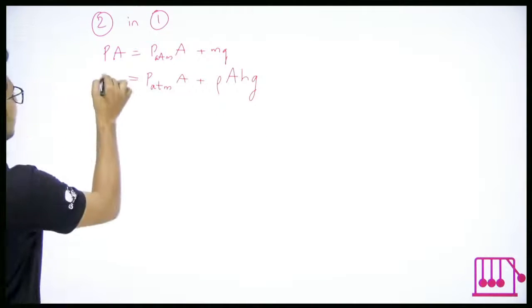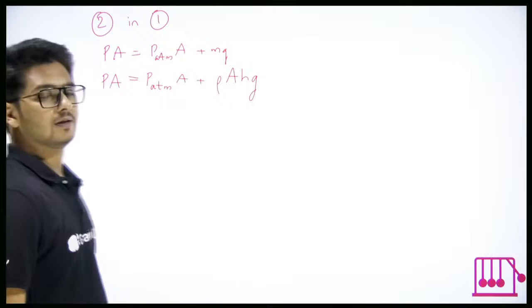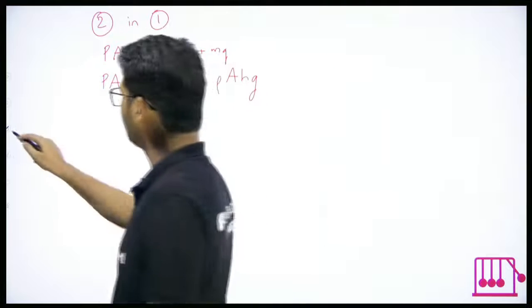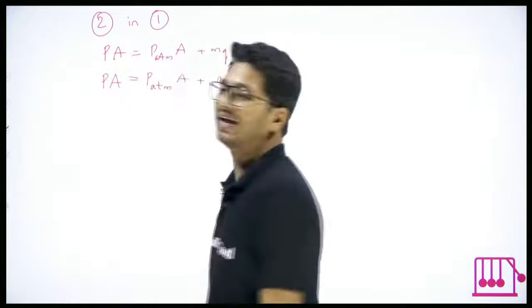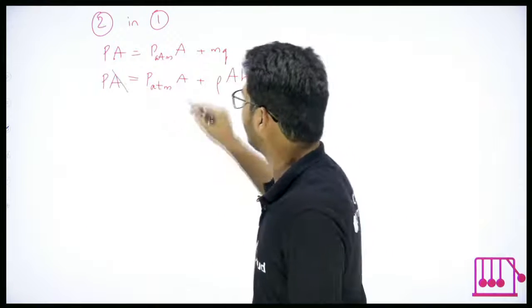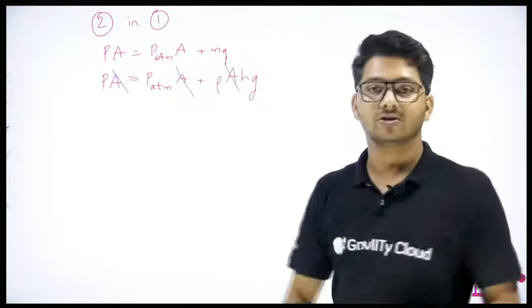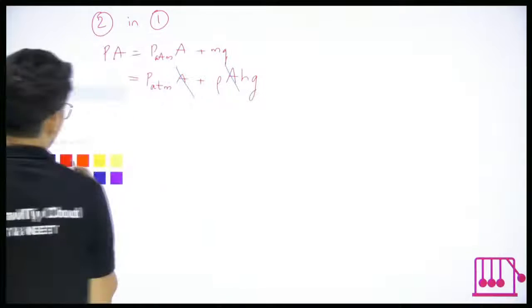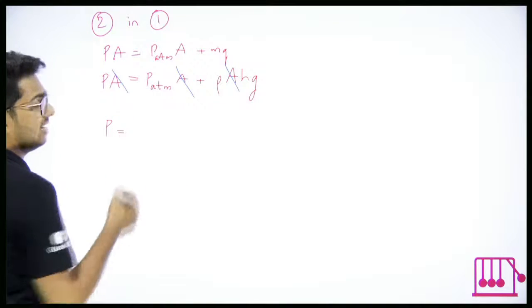And here you have PA. Okay, good. Now if you can see clearly, in every term you have area A. So in all of them area will be cancelled, and what will remain?